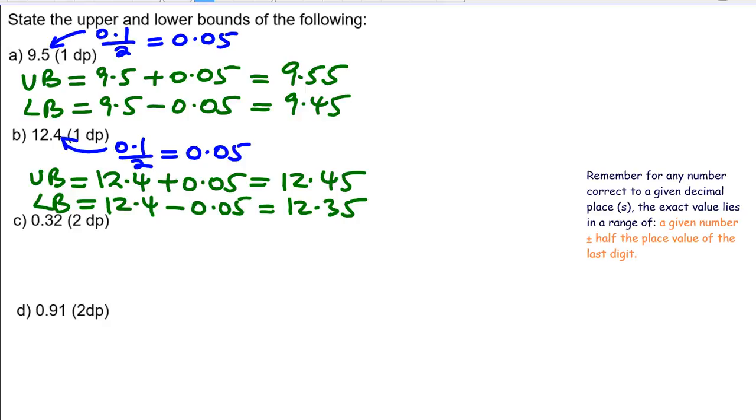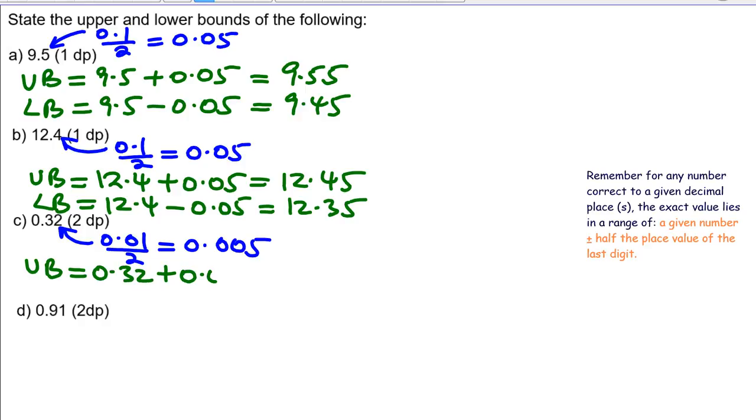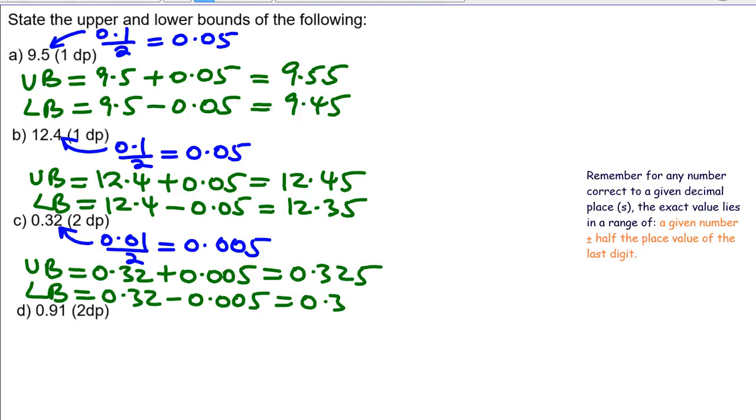Again, here the last digit, the place value is 0.01 divided by 2, 0.005. You start to calculate your upper bound, which will be 0.32 plus 0.005, which is 0.325. Lower bound 0.32 minus 0.005, 0.315.